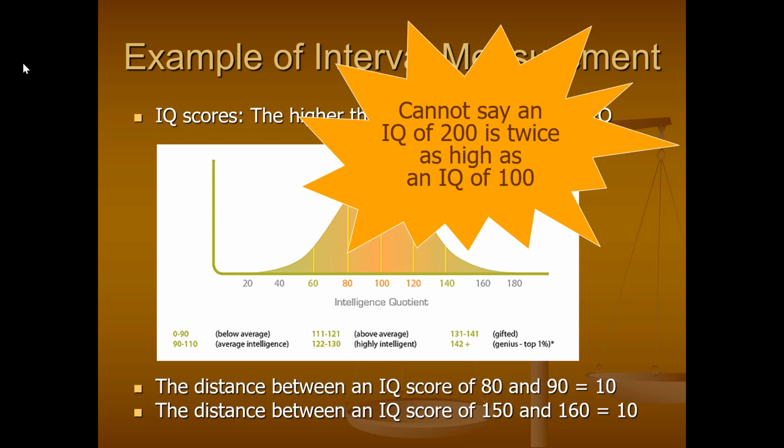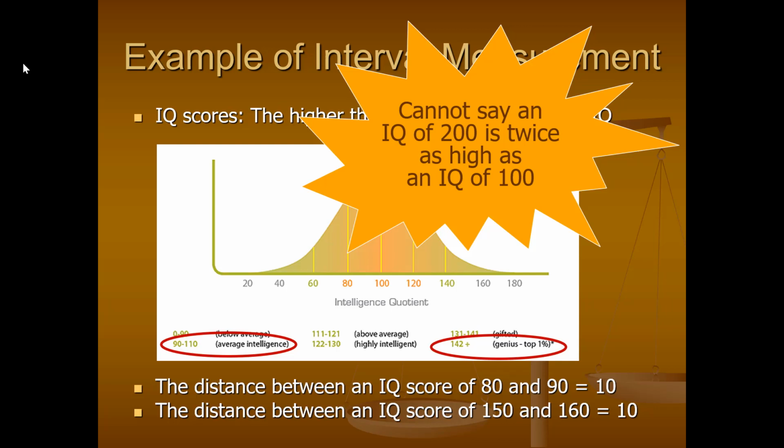So even though the values have some meaning, which gives us that extra piece of information, it doesn't go all the way in terms of allowing us to make what are called ratios, because an IQ of 200, for example, is in the genius level, top 1%, whereas an IQ of 100 is average intelligence. So someone who is a 200 is not twice as intelligent as someone who's a 100.